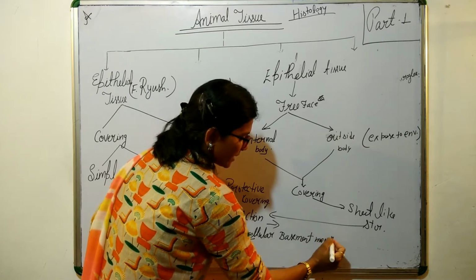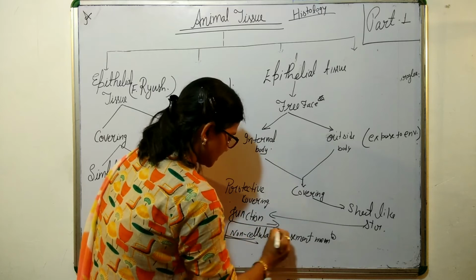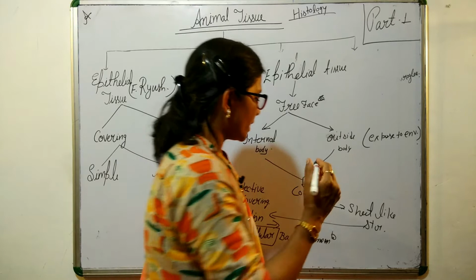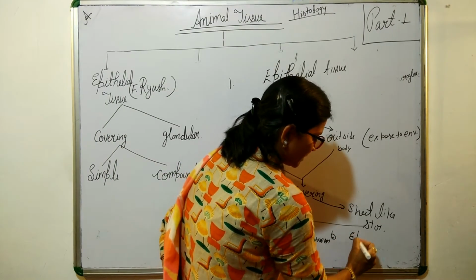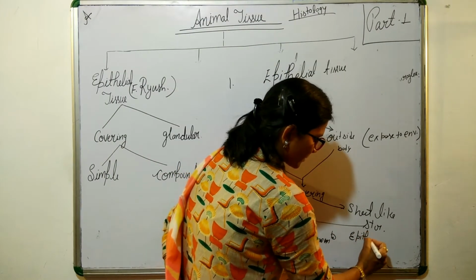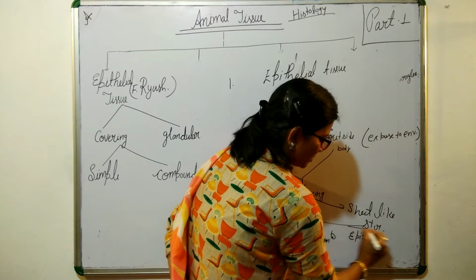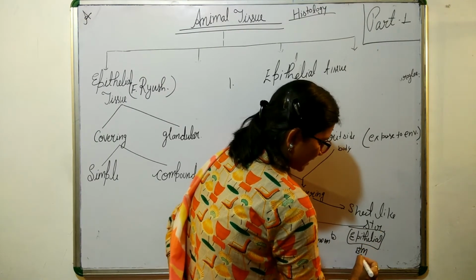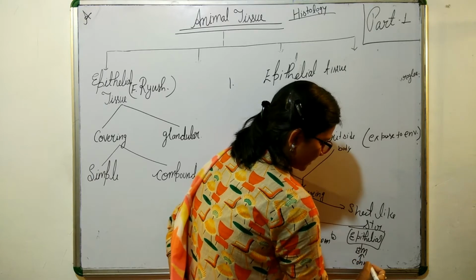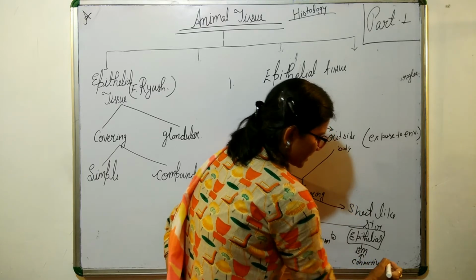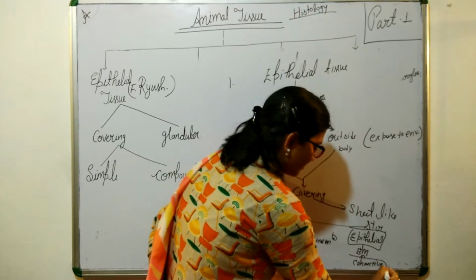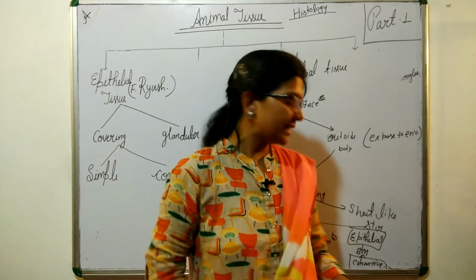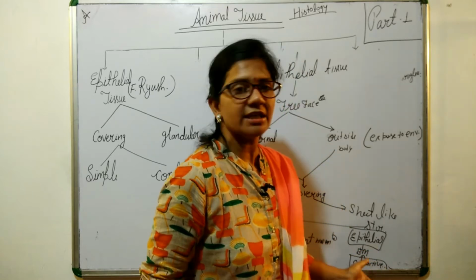This is non-cellular, meaning acellular, it is not a cellular structure. So what is actually going on here? Epithelial tissue, then the basement membrane, and then there will be connective tissue. This basement membrane helps to separate the epithelial and connective tissues from each other.